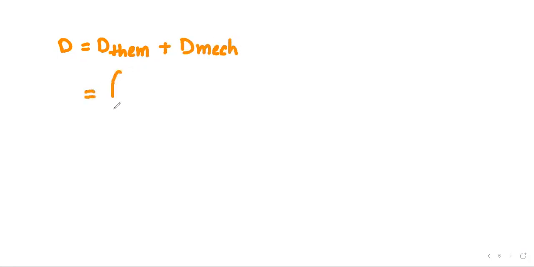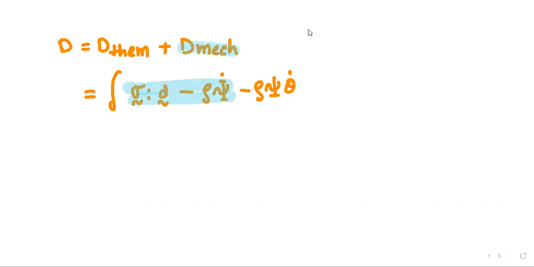The mechanical part, we have seen, is sigma contracted with the symmetric part of the velocity gradient minus rho psi dot, and this part here is the thermal part.